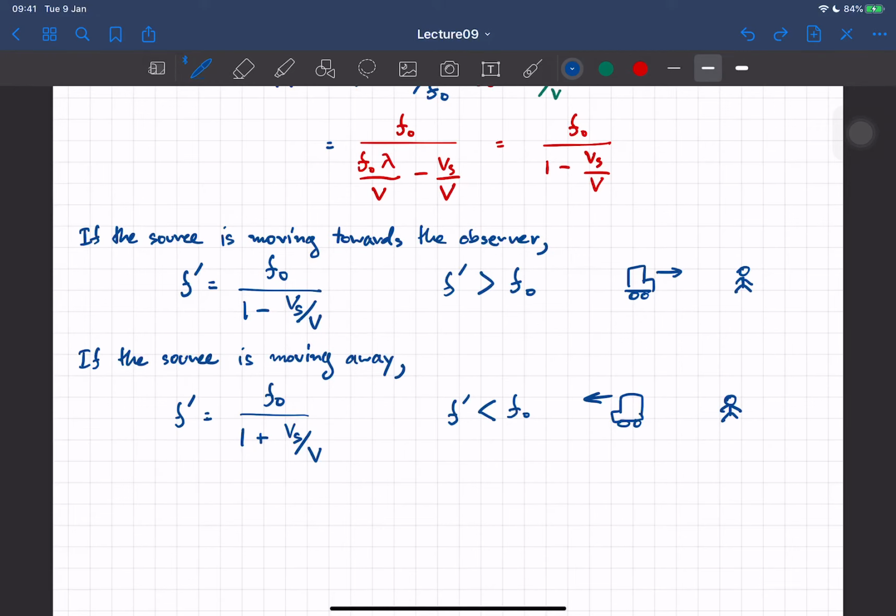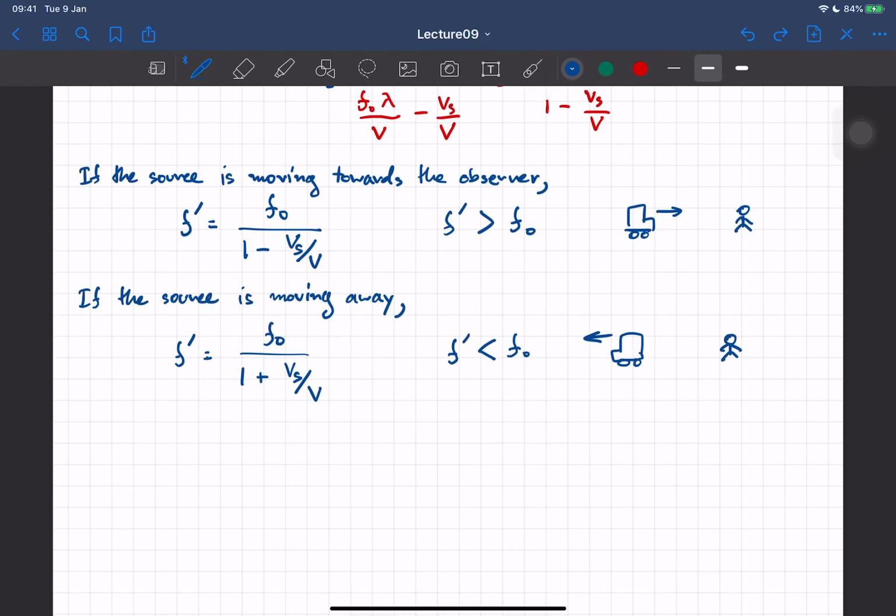But if it's moving away, then it should be lower in frequency, so you should divide by something larger than 1, so it should be positive there. So for the plus minus at the bottom, if you don't remember, just decide according to what you know from your daily experience.